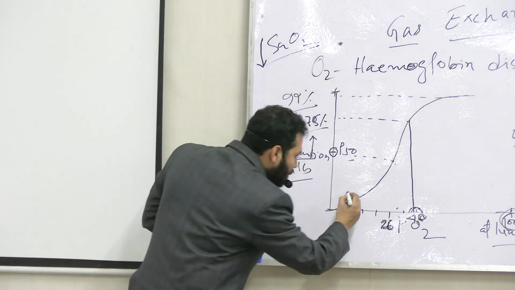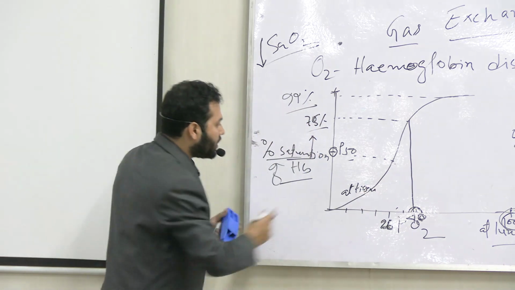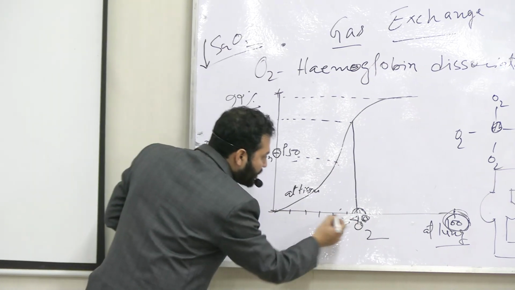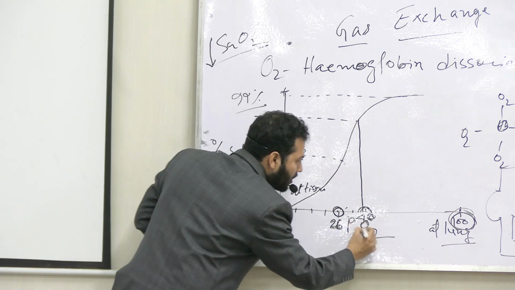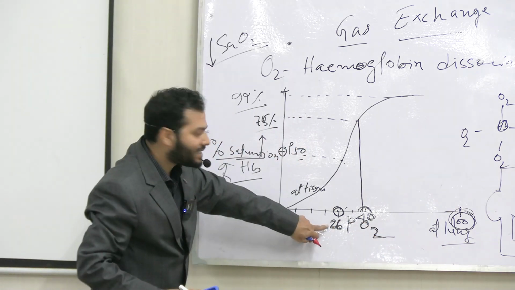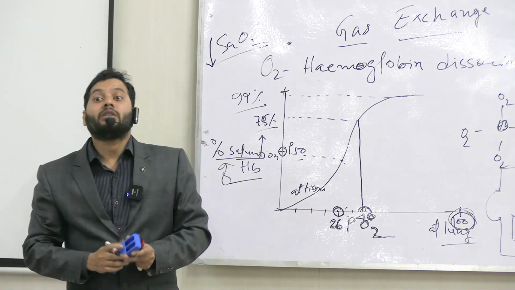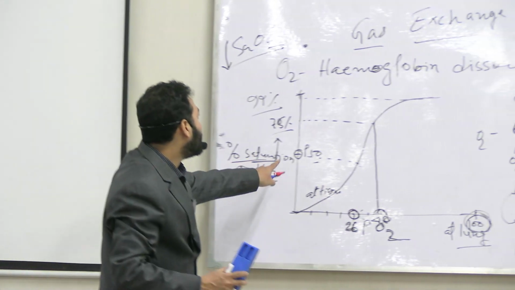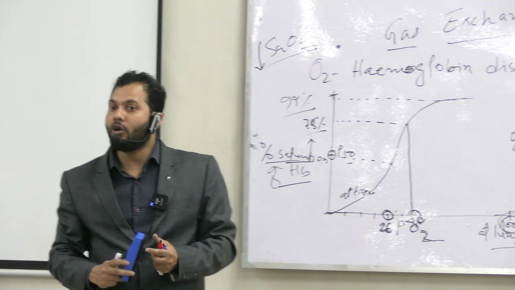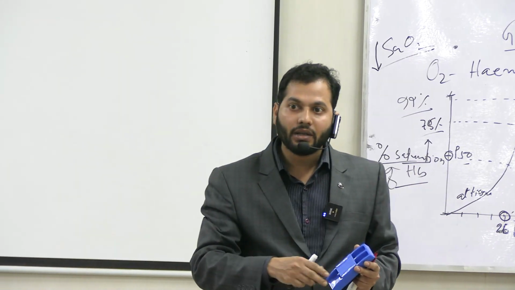So here at tissue level, if you see, the partial pressure of oxygen is less, and at the same time, the percent saturation of hemoglobin is also less, right?